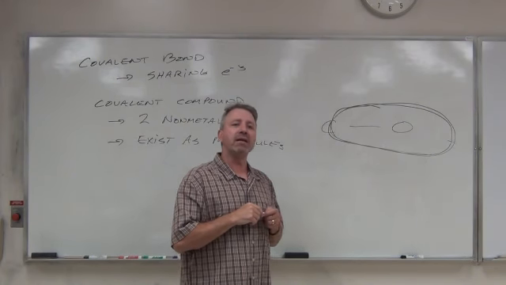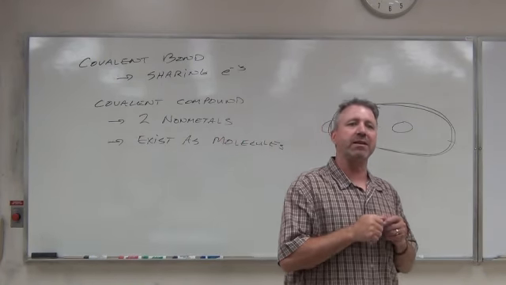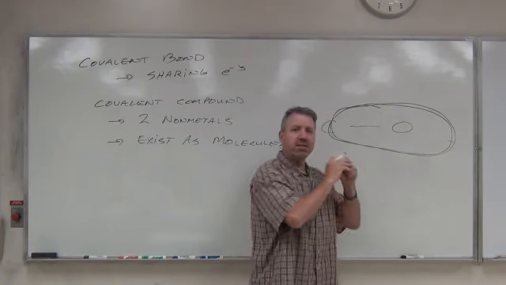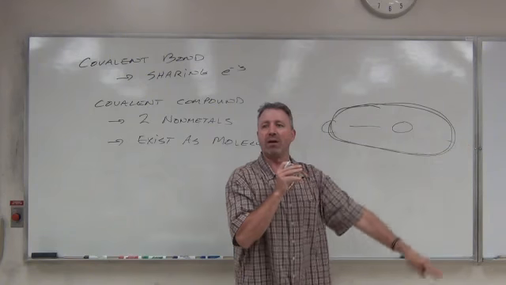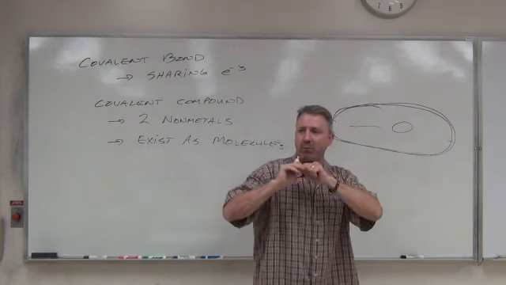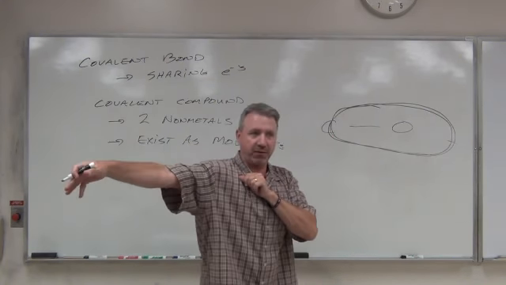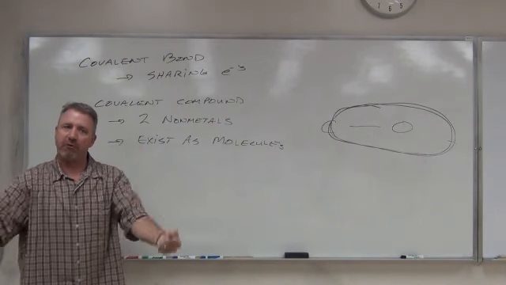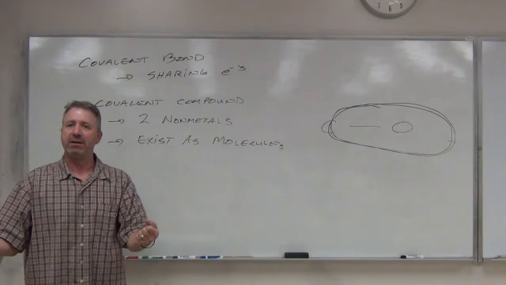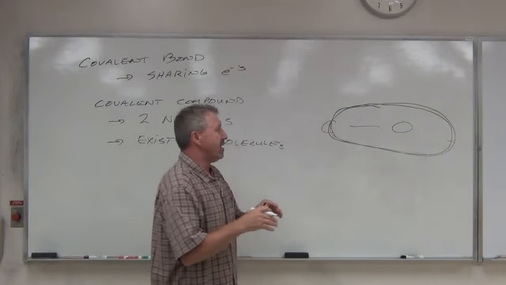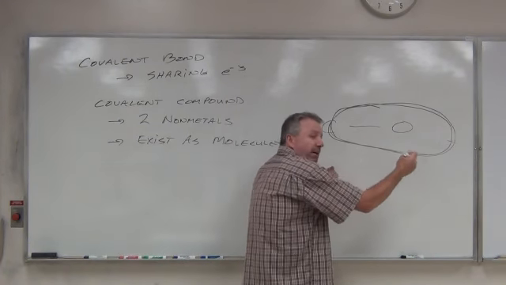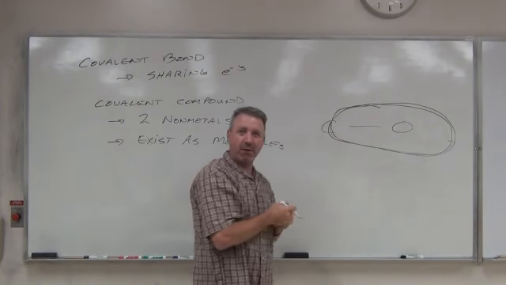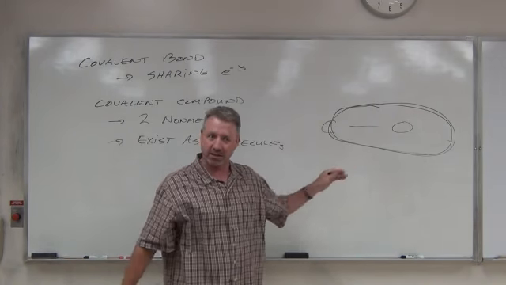We have an uneven distribution of electrons, and therefore we have polarity. Now, this is nothing like we saw earlier for the ionic compound, where you actually had a transfer of electrons. You actually moved an electron, and you created a full positive and a full negative. This isn't anywhere close to that. This is just a little bit negative because the electron spends just a little bit more time orbiting the oxygen than it does the carbon.